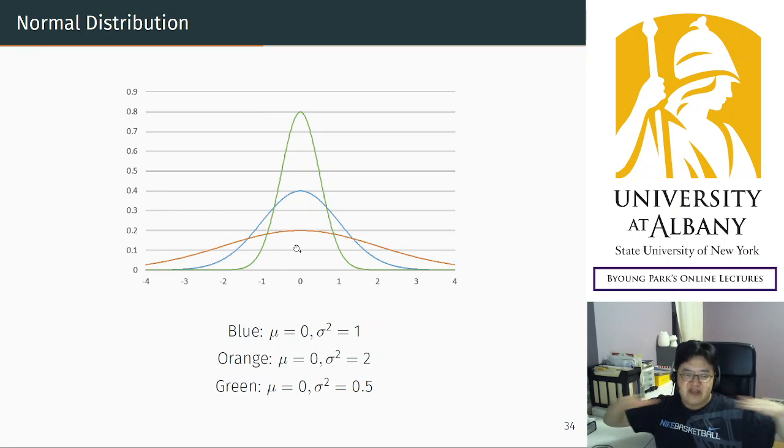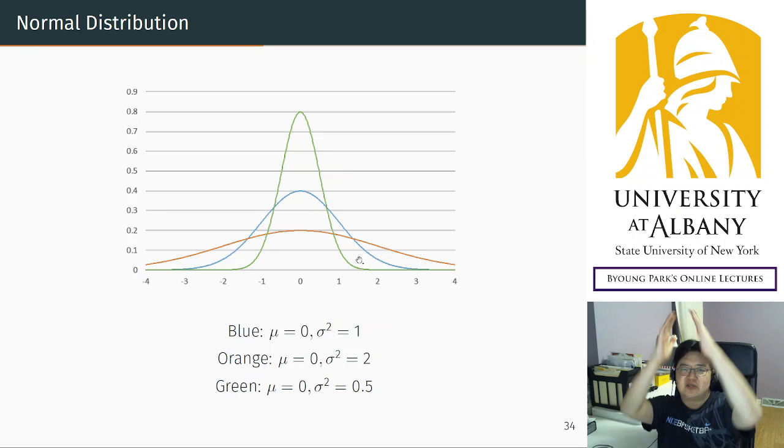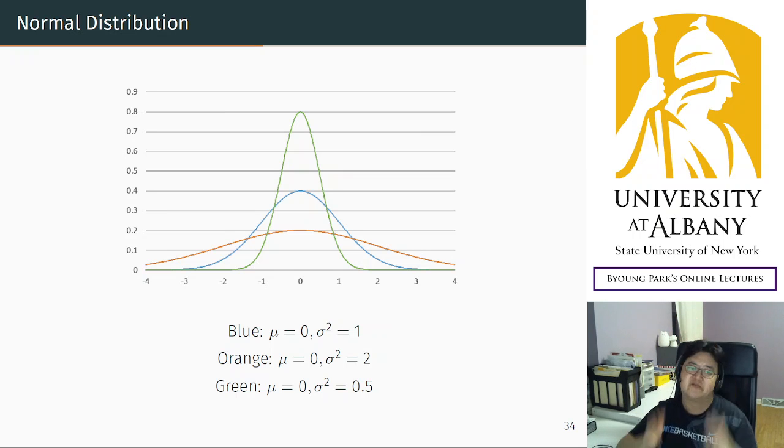It flattens, becomes wider, flattens out. But when you lower the variance to 0.5, then smaller variance implies a more concentrated distribution, less variability, less dispersion. So it's more concentrated at the center. It looks like another bell, but it's a taller bell curve.